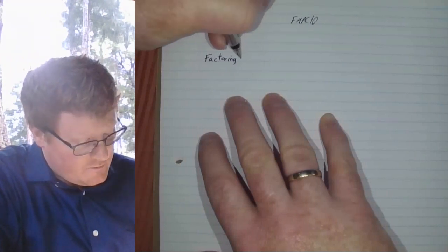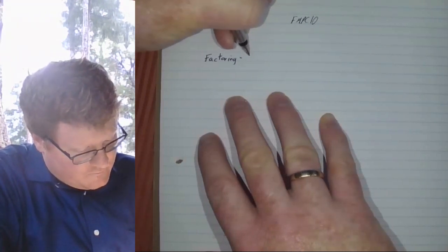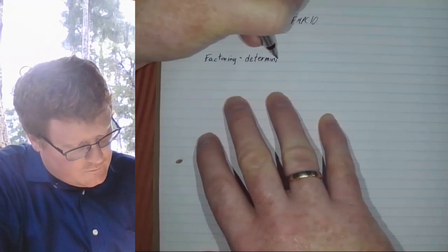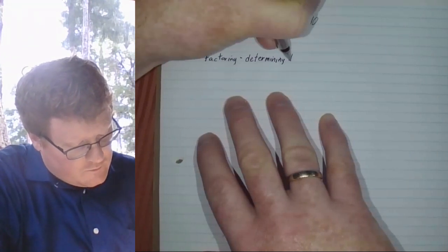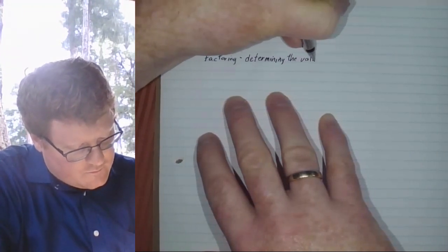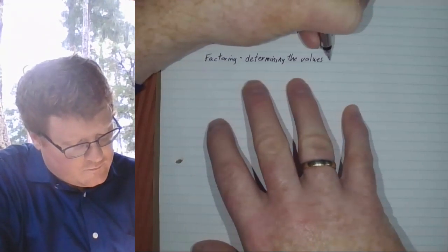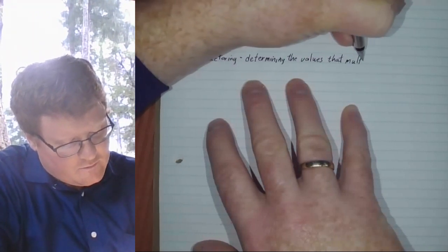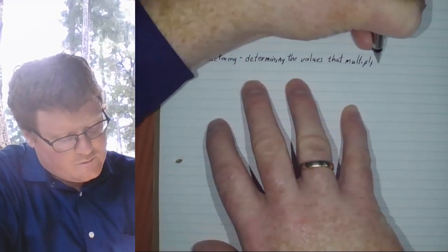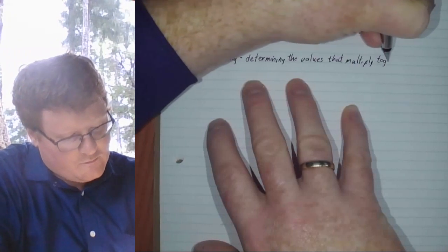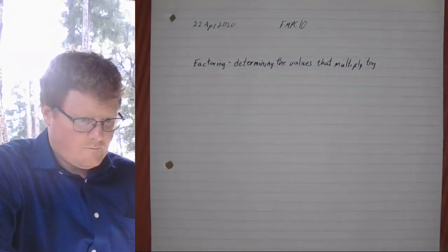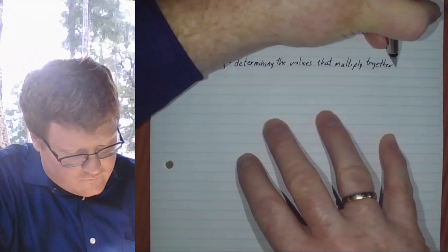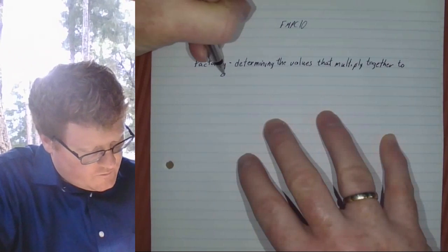All right, so factoring is determining the values that multiply together to give a number.